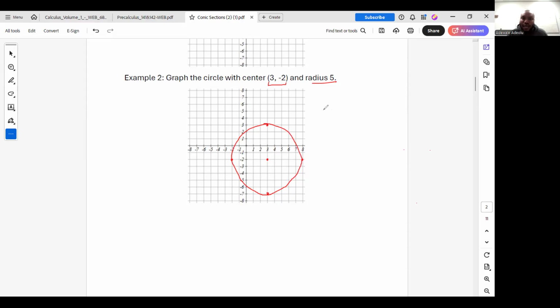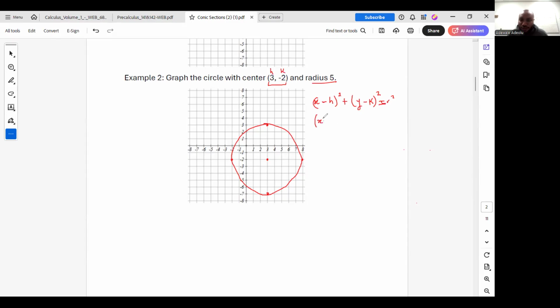If I ask you to write the equation of this circle, remember that you only need to use this formula, (x minus h) all squared plus (y minus k) all squared equals r squared. In this case, this is our h and this is our k.